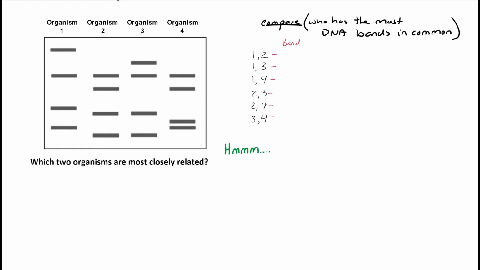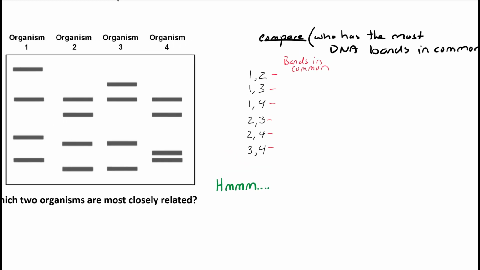If you have a lot of DNA bands in common, you're very closely related, and you probably have a very recent common ancestor. So organism 1 and 2, they only have 1 band in common. 1 and 3, 1 band in common. 1 and 4 have 2 bands in common. Ooh.